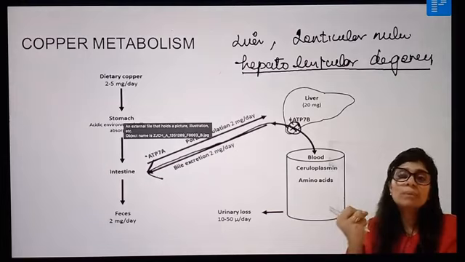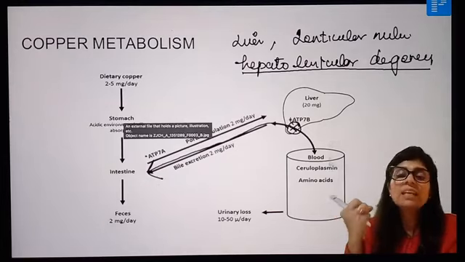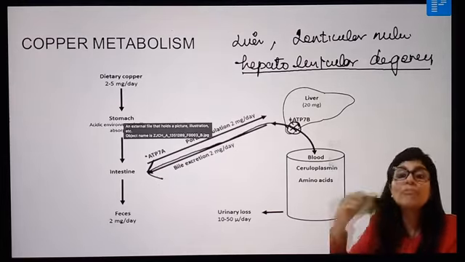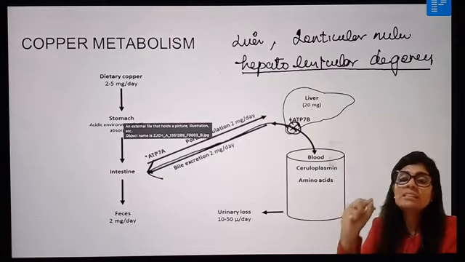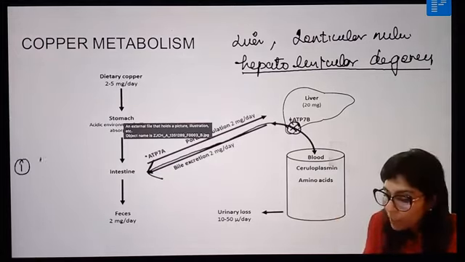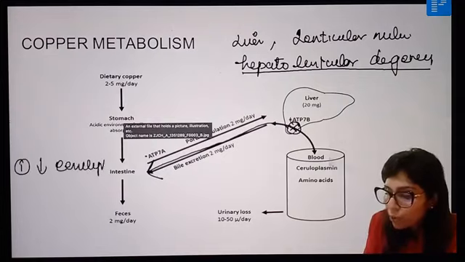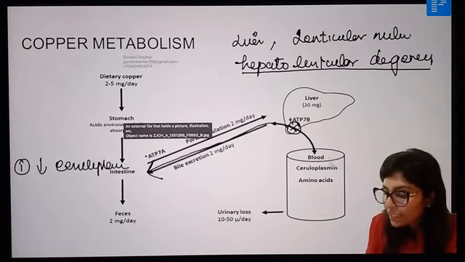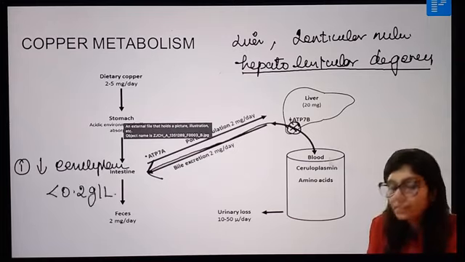The low ceruloplasmin level that you observe in Wilson's disease is because ceruloplasmin stability is lost. So one of the biochemical features of Wilson's disease is low levels of ceruloplasmin, wherein serum ceruloplasmin levels will be less than 0.2 gram per liter.